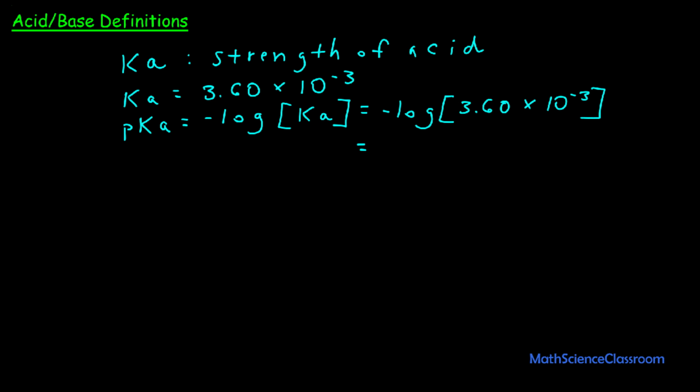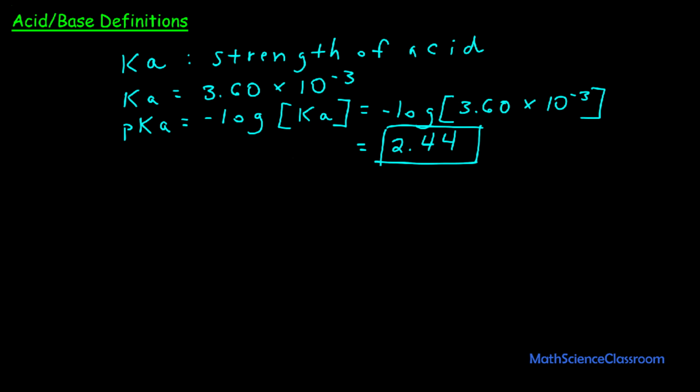Put that in your calculator. Equals, so the pKa equals 2.44 in this example. So the smaller the pKa, the stronger the acid. So this is a moderately strong acid. And if the numbers were very high, that would be a weak acid.